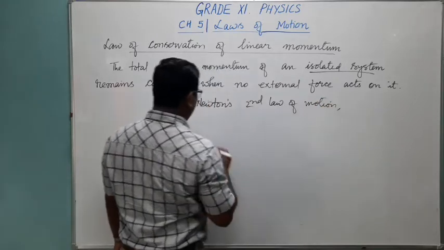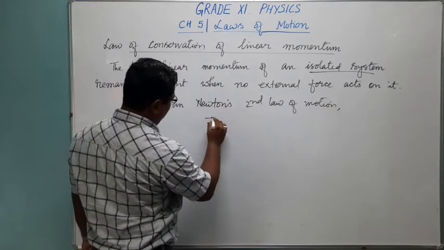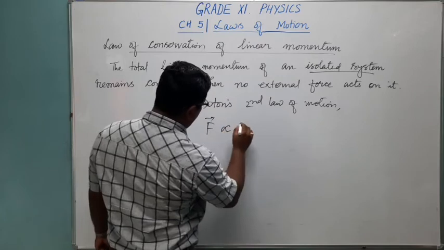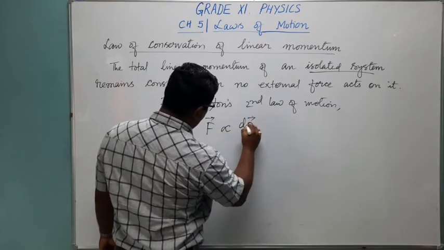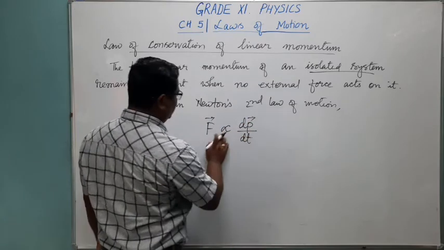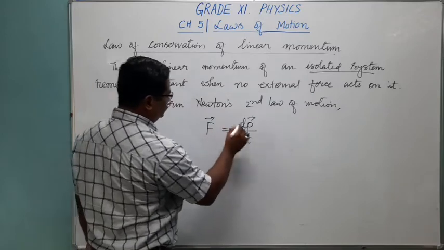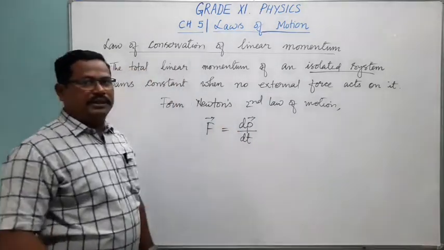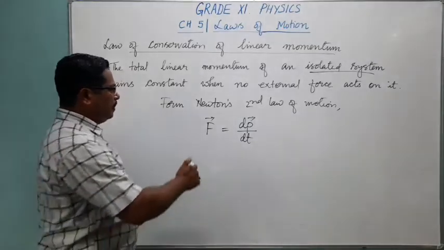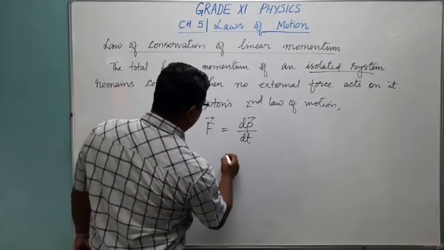From Newton's second law, you can write force F is proportional to dp/dt, the rate of change of momentum, or you can use equal to also, because the value of k is 1 in the SI system. So F is equal to dp/dt.